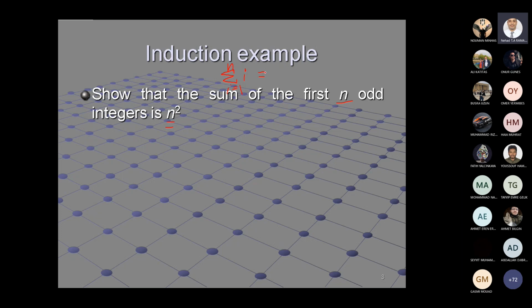So this one equals n to power 2, given that n is odd.